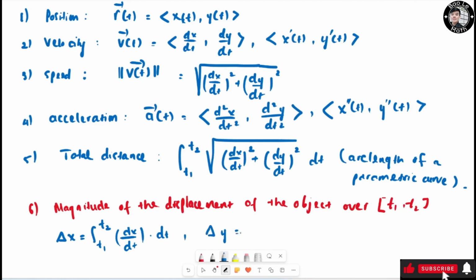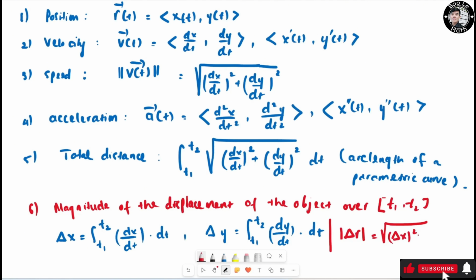Delta y is going to be the integral from t1 to t2 of dy over dt times dt. And displacement magnitude is the absolute value of delta r equals the square root of delta x squared plus delta y squared.